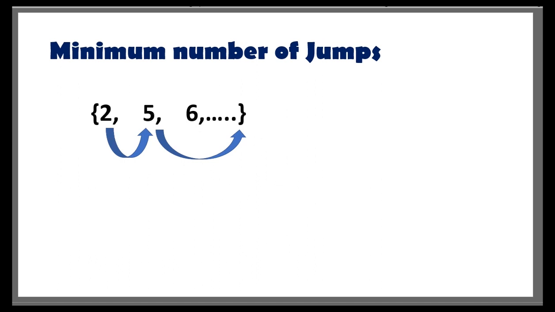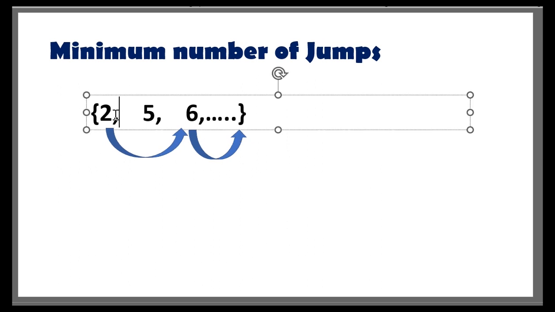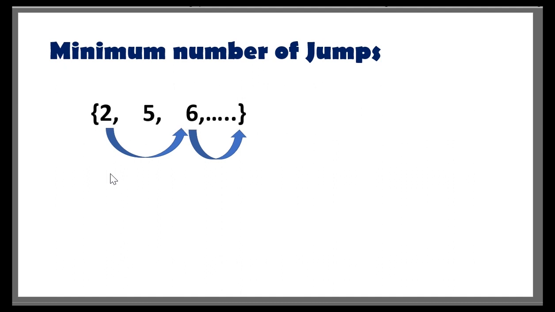Or from 2 we can jump to 6, since this is 2, which means we have 2 jumps, so we can jump to 5 or jump to 6 and then move forward. Or there is one more way, 2 to 5, then 5 to 6 and then from 6 to the next element. So there are multiple ways, but we need to find the minimum number of jumps required to reach the last element.